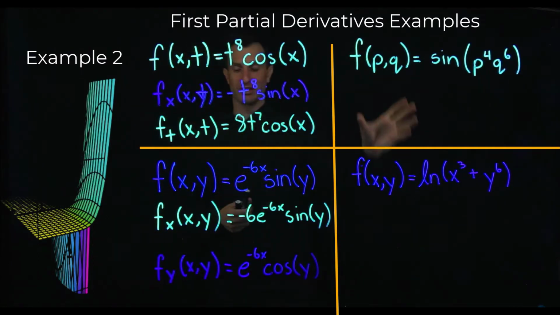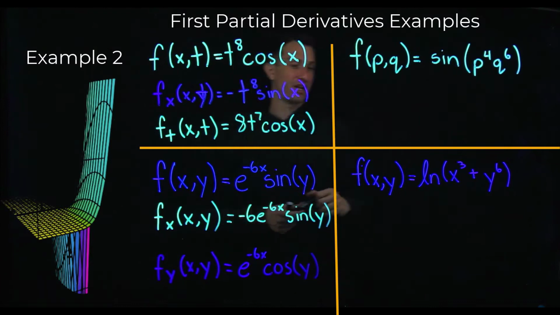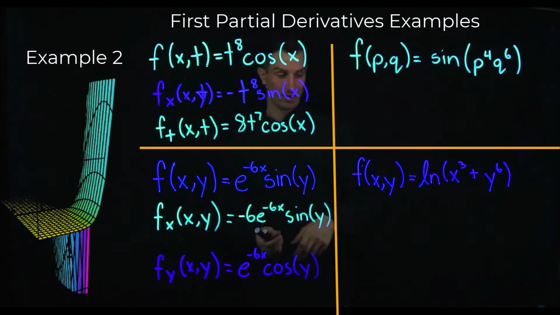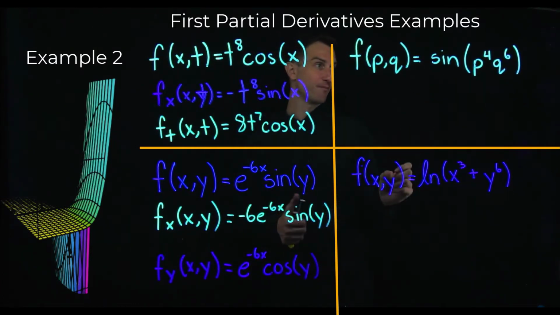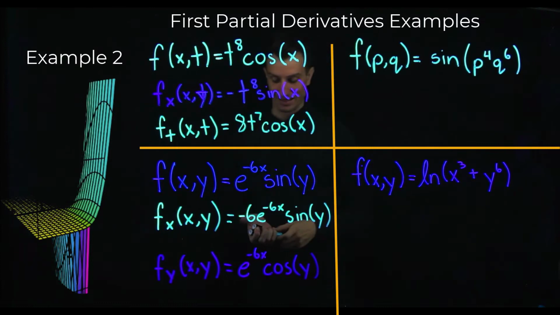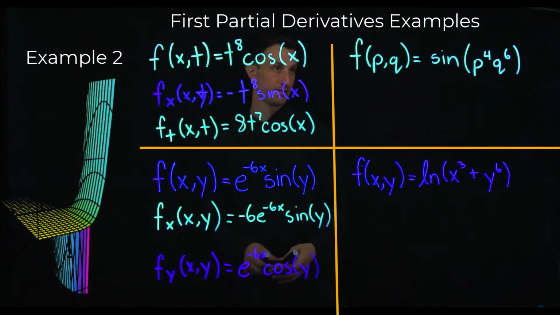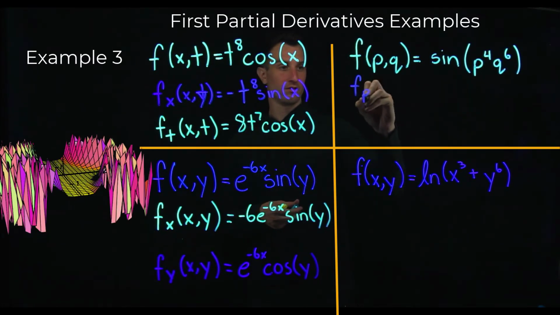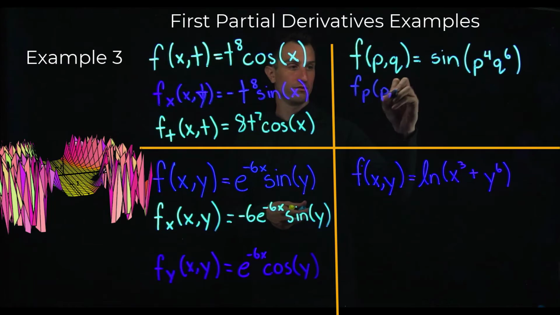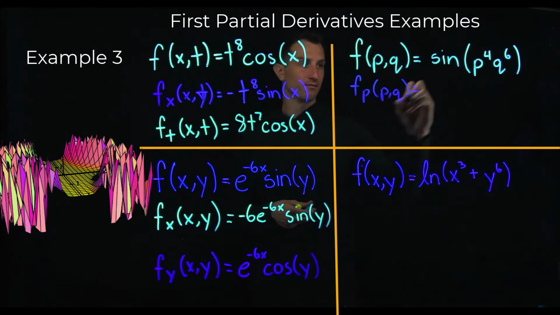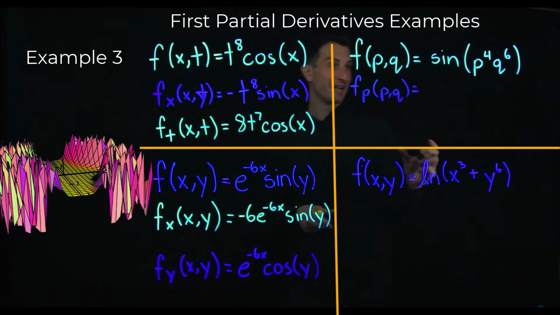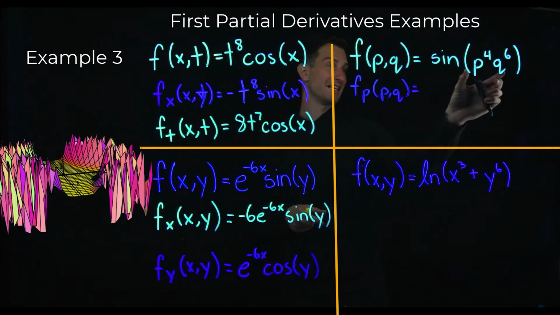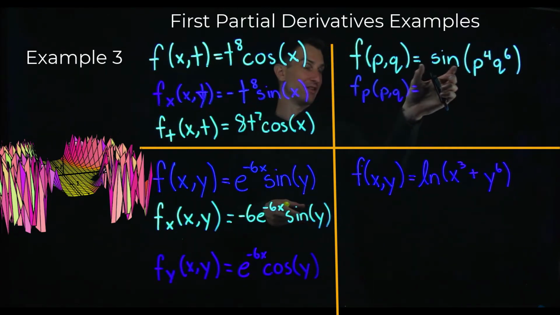Once we get over to these examples over here, we have a chain rule situation, where we have an outside function of sine, and then we have p's and q's on the inside. So there's a chain rule for these. So let's do f sub p of p, q. Now the derivative of the outside function, sine, has both of these, so just worry about the derivative of the outside.